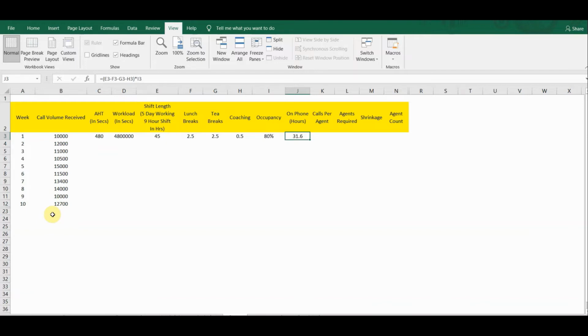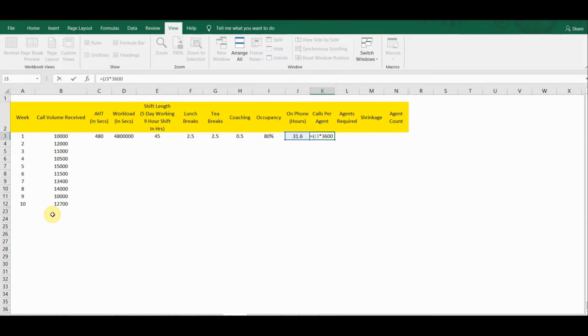Now we have the on phone hours, so the next thing that we need to do is calculate the calls that each agent will be handling in the week. Since this figure 31.6 is in hours and our AHT is in seconds, first we'll convert these hours into seconds.